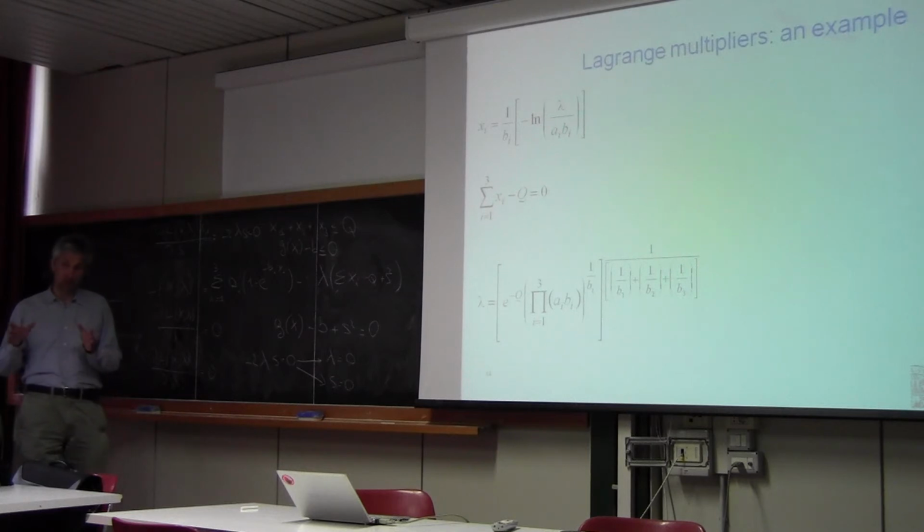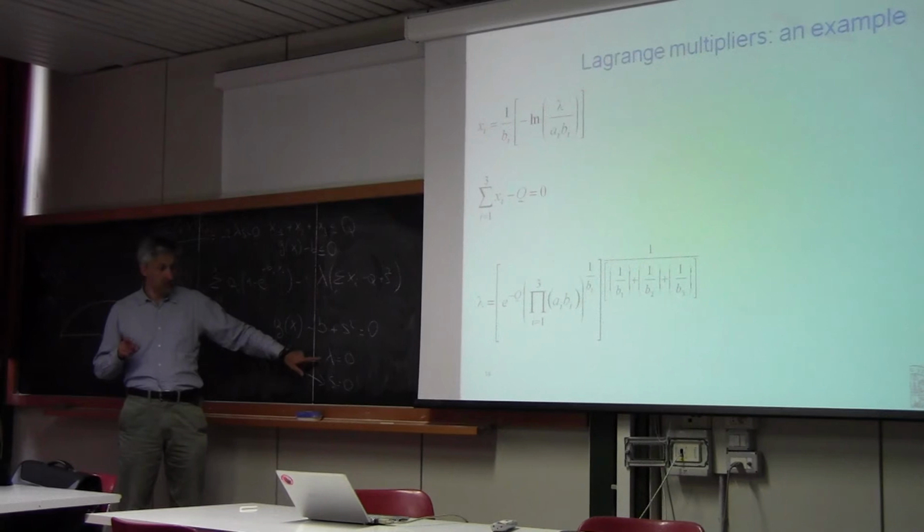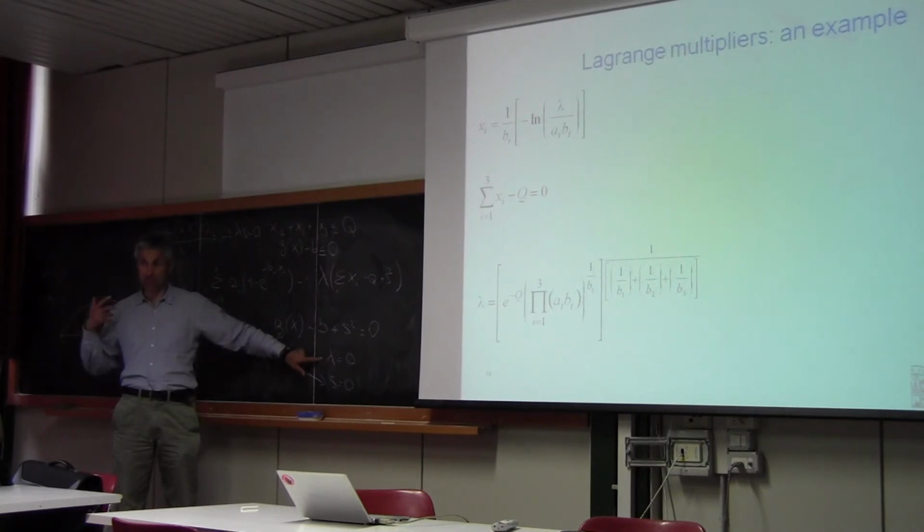And once you got to the solution with no penalty, you have to look at the values of x1, x2, and x3. Check if their sum is lower than Q, and if it is, compute the net benefit. If it is not, it means that this possible solution doesn't lead you to any real solution.